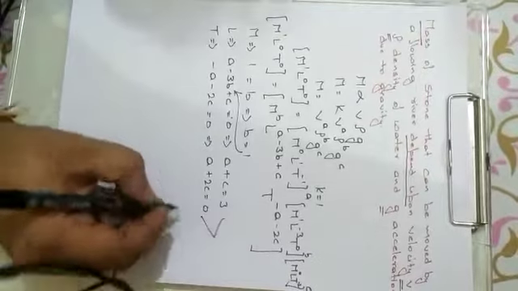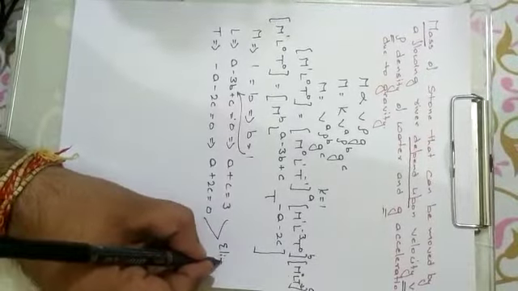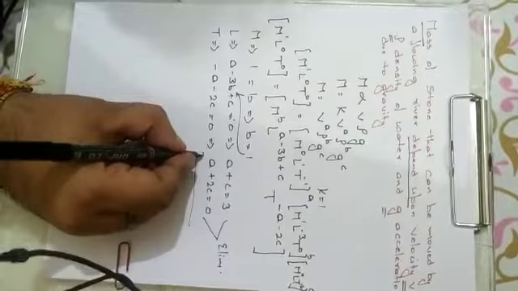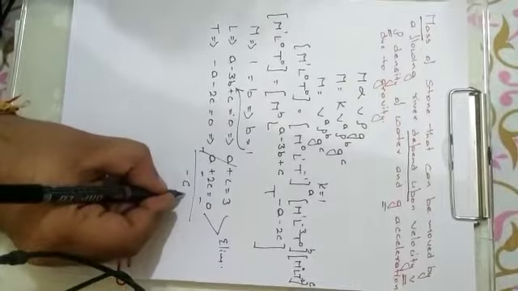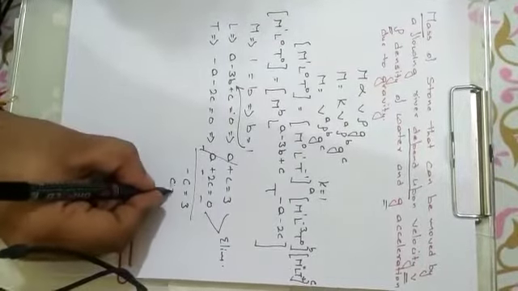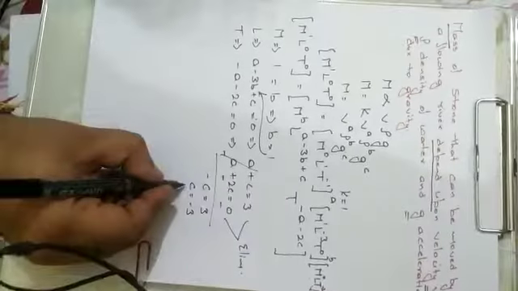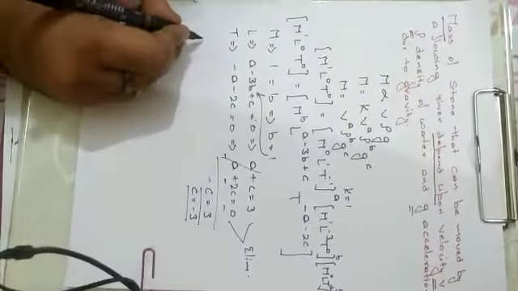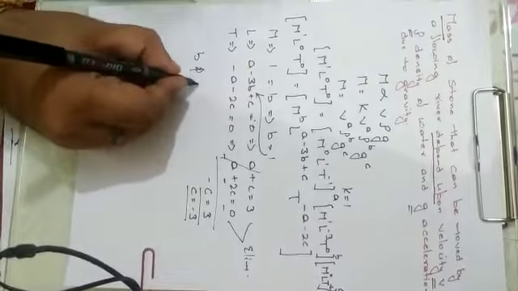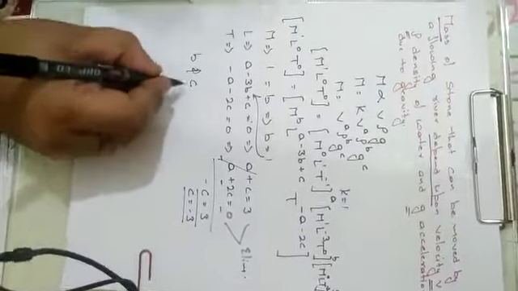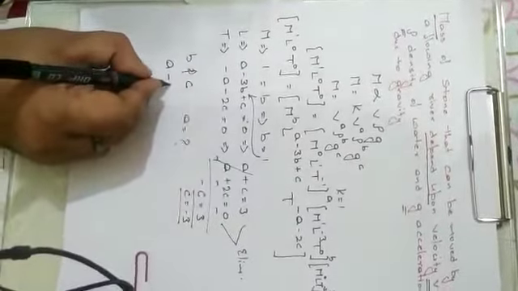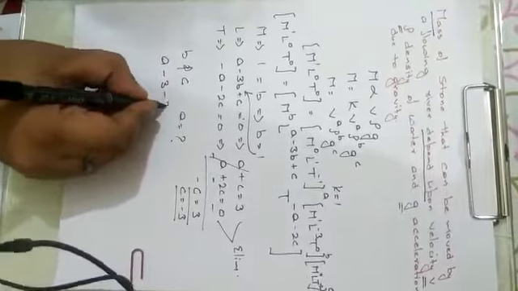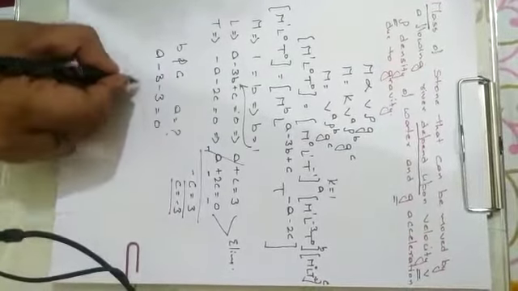Now solving these two equations by using elimination method. Subtracting this equation, a cancels out, minus c is equal to 3, so c is minus 3. Using the values of b and c, we can find out the value of a. a minus 3 minus 3 equal to 0, so a is 6.